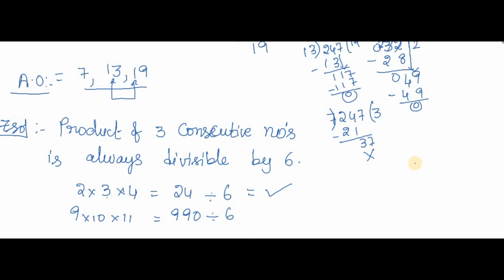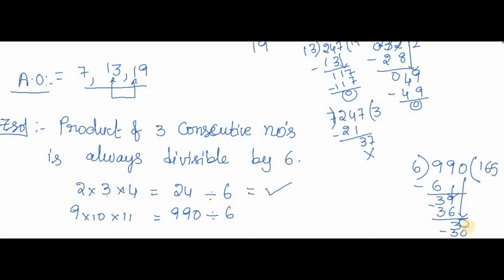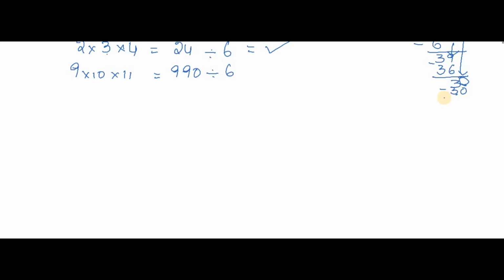We'll see whether it is divisible or not. 6 ones are 6. 9 minus 6 is 3, and 9 will come carry. 6 6s are 36, and again 3. 0 will come down. 6 5s are 30. So this is also divisible by 6.